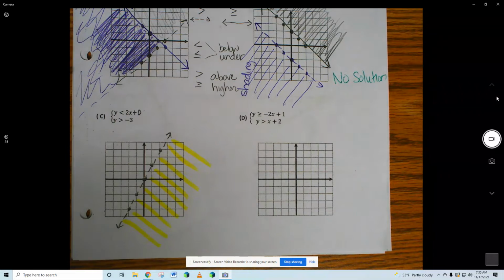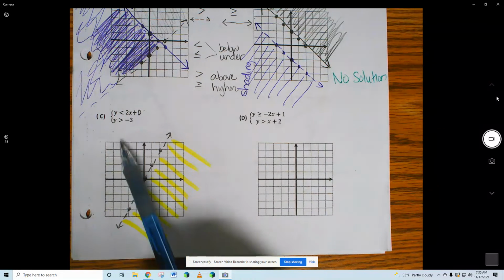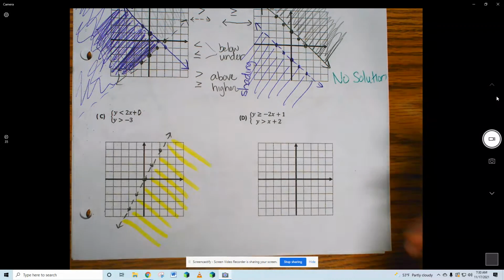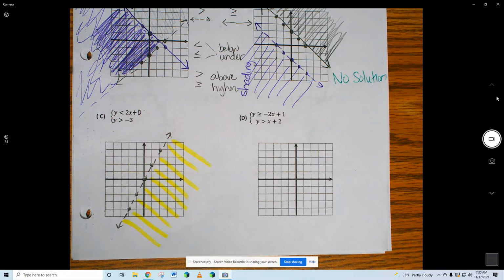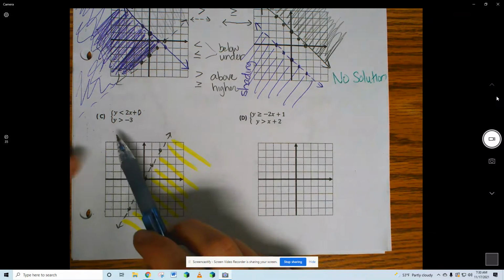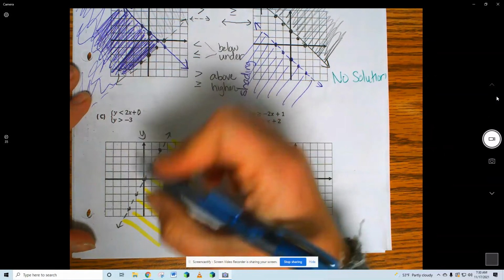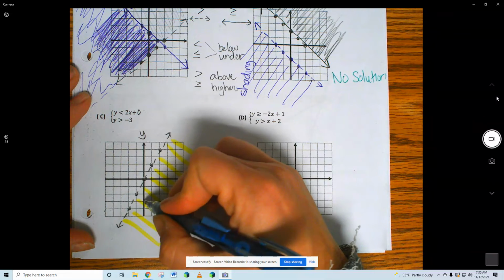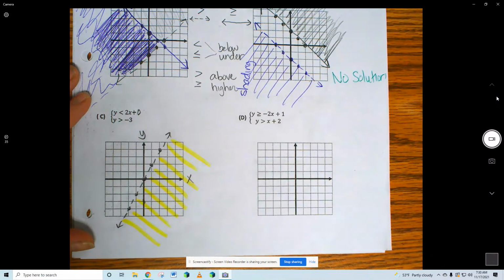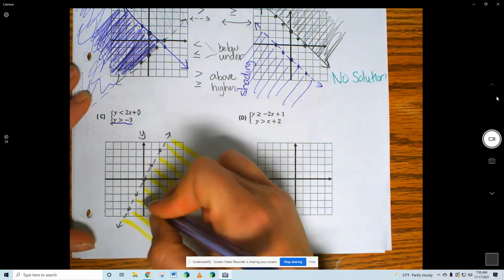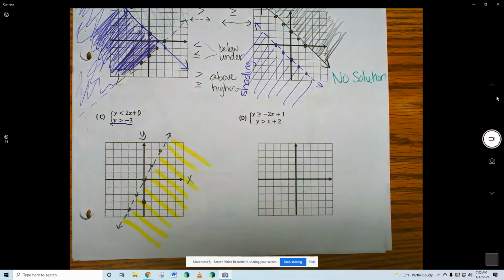Second equation. Ooh, y is greater than -3. There's no x in this. If there's no x, it's either a horizontal line or a vertical line. So on the y-axis, go to -3. Is it going to be horizontal or vertical?